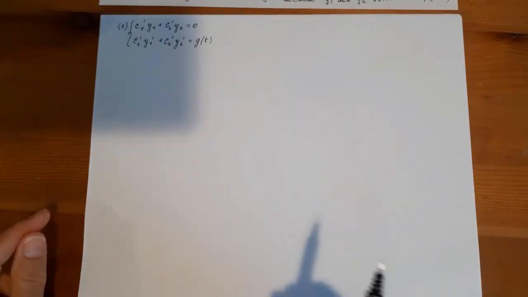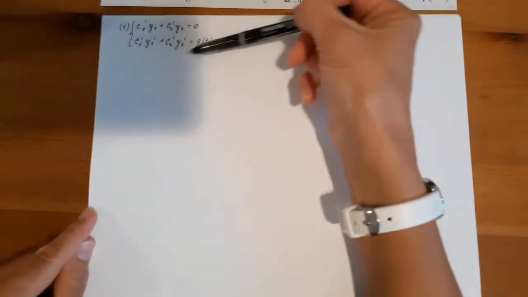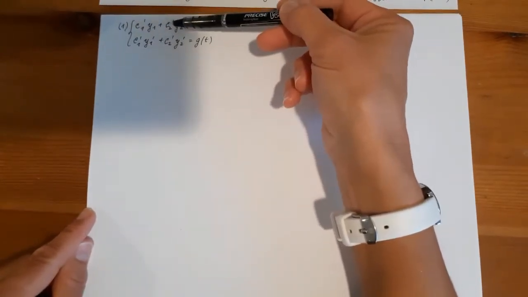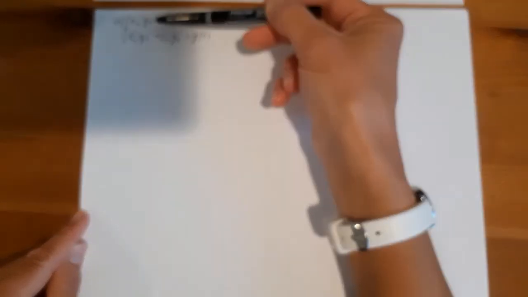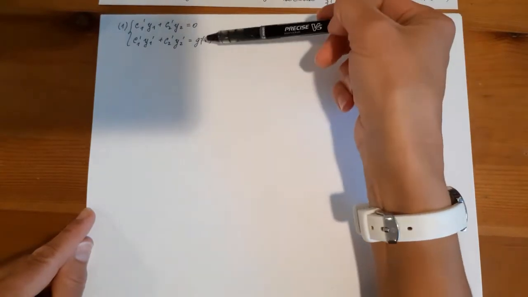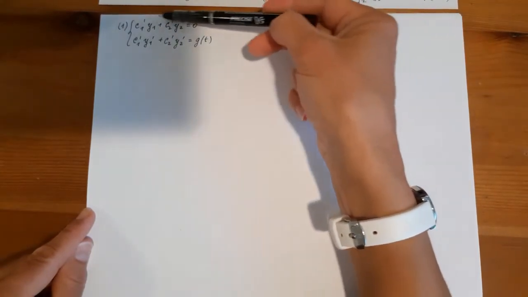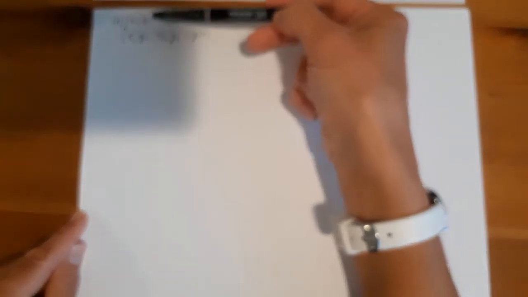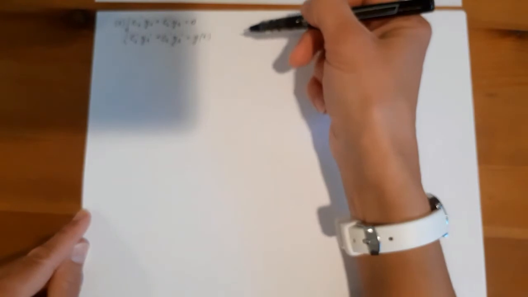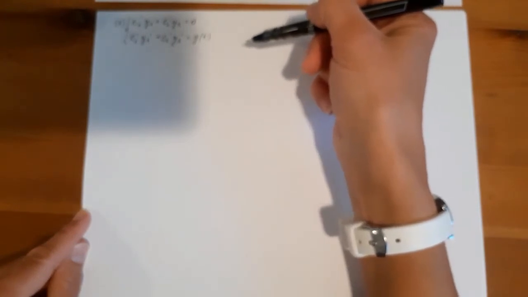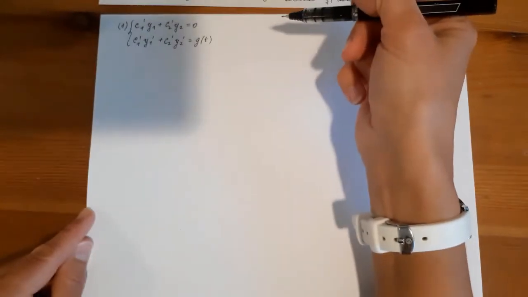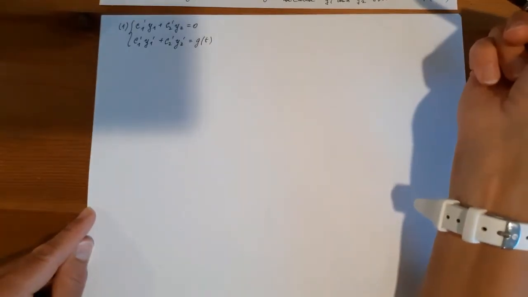Yes, but what is good about these two equations? If you look at this system and forget for a second that C1, C2 are derivatives of something, and you label them x and y, you do know y1 and y2. You find them when you solve homogeneous equations. So you do know g of t. So basically, for this system of two unknowns, C1 prime and C2 prime, you can solve it just like a normal linear system, like ax plus by equals d, and fx plus gy equals, I don't know, c.